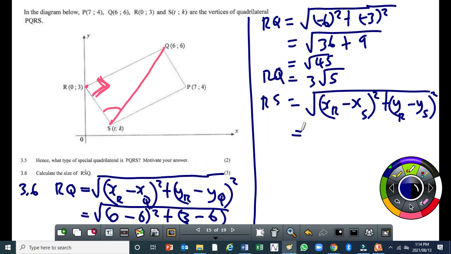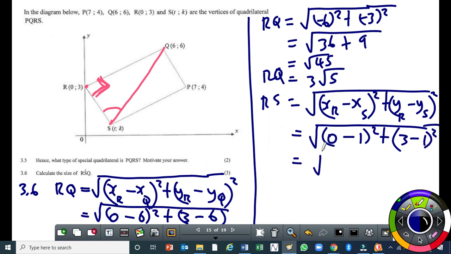My XR is 0, my XS is 1, YR is 3, YS is 1. So I'll get the square root of minus 1 squared plus 2 squared. And that should give me the square root of 5. Okay, so I now have my lengths.